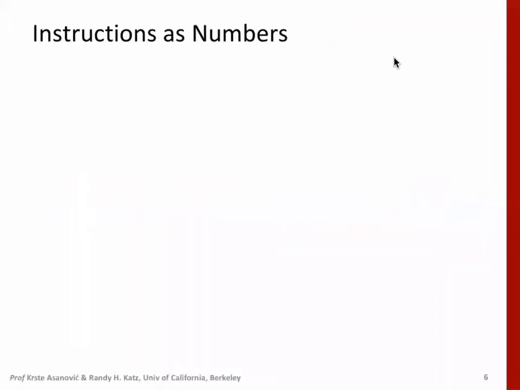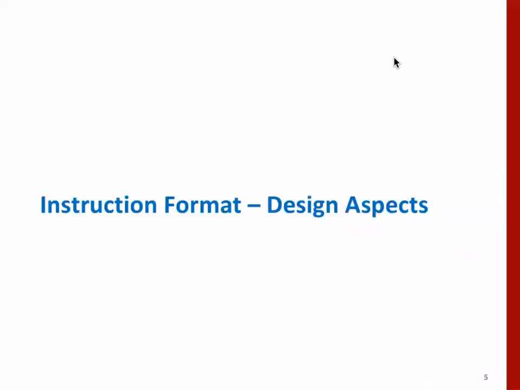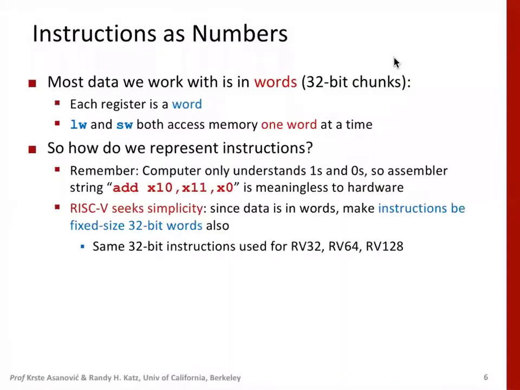Okay, so let's look at instruction format. Note that we have discussed this point several times: inside a computer, in memory or registers, there are only zeros and ones, and we need to interpret it the way we want.